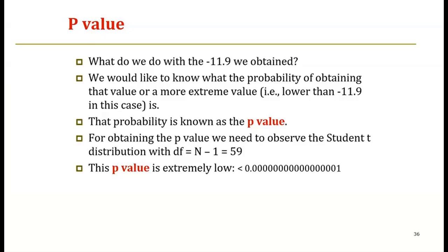So if we have an 11.9, that's quite a large t-value. So the probability of obtaining that score or more extreme is very, very small in the sampling distribution. Therefore, here we've got a p-value that is a very small number.